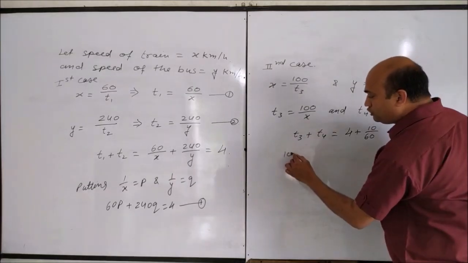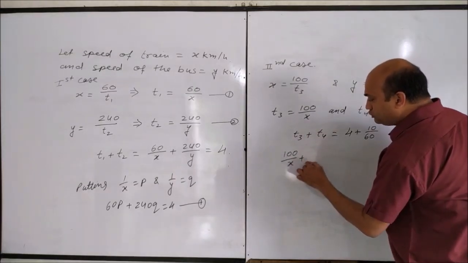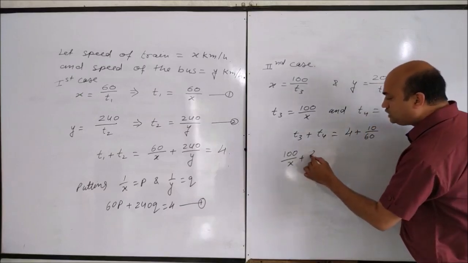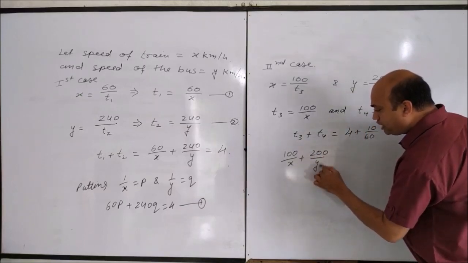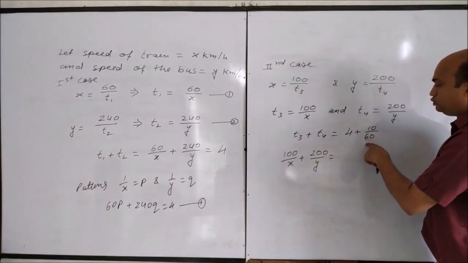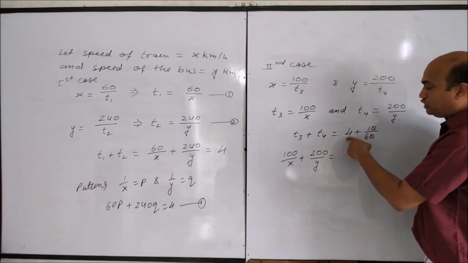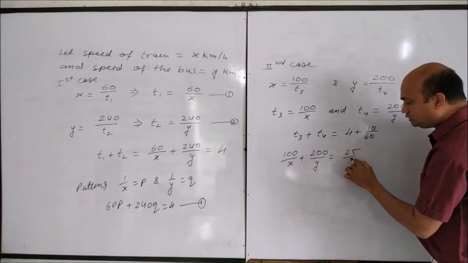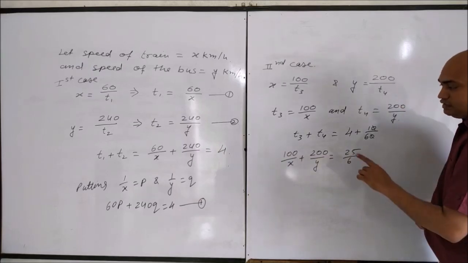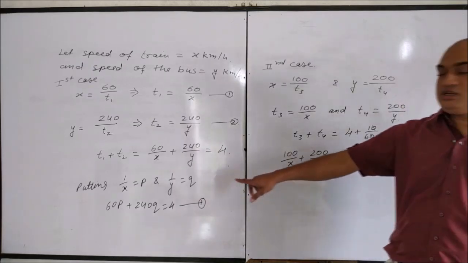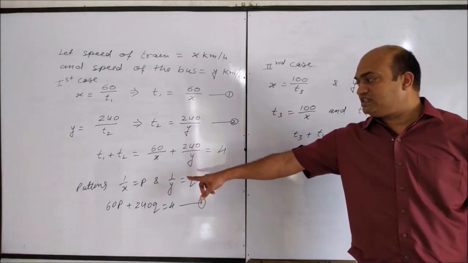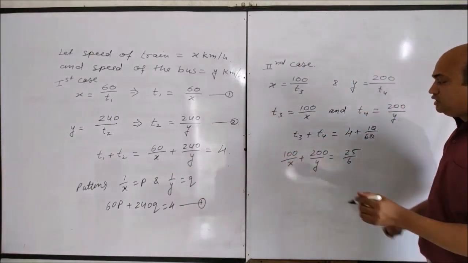T3 is here 100 by x plus T4 is here 200 by y is equal to, this 0 we cancel, it is 25 by 6. You see, here also we substitute this same value, 1 upon x as p and 1 upon y as q.